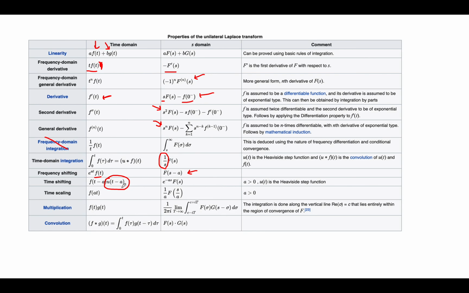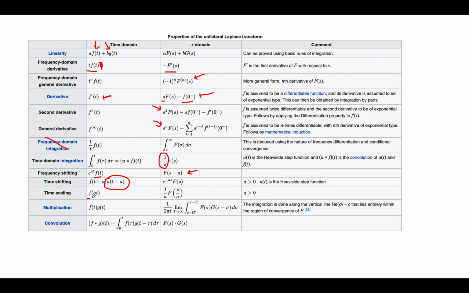What you're going to have to do there is figure out how to get the function of time to look like it has the same time shift, because the step function is a definition and it can't be manipulated or changed. But the function, we can sometimes go in and take advantage of some algebra or some trig identities, and we can get it to look like the same time shift.